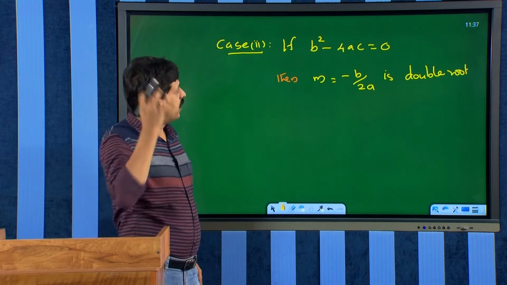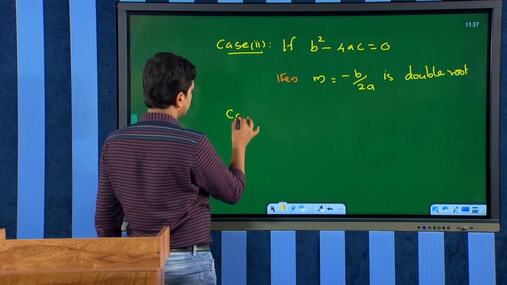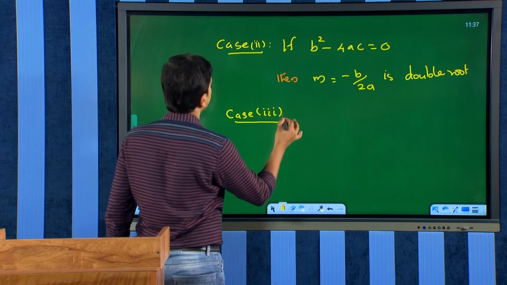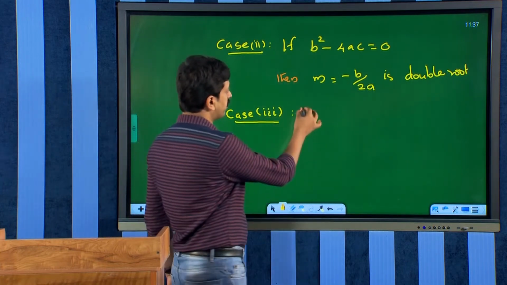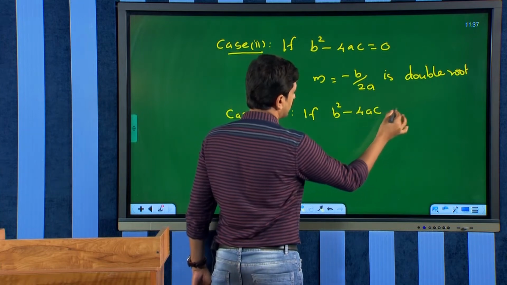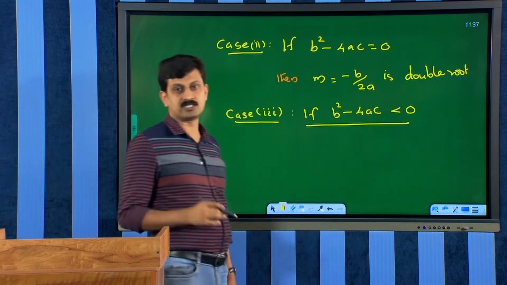And we have one more case. In case 3, if b square minus 4ac is less than 0.